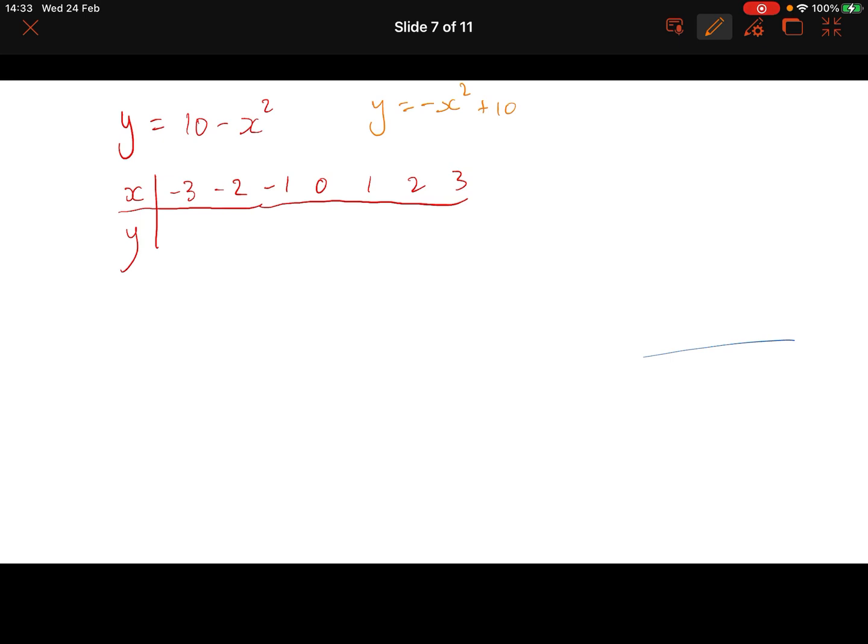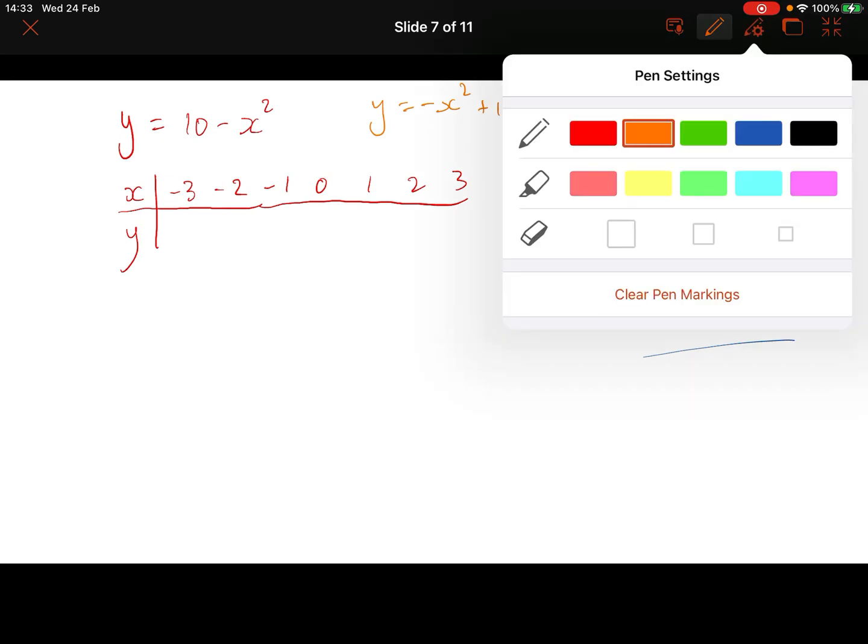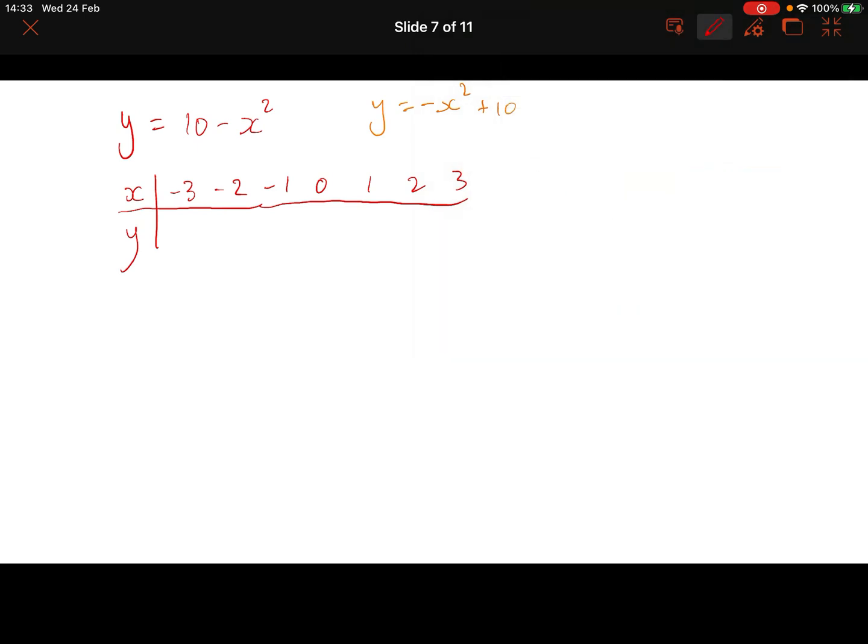So let's work out what the values of y need to be for certain x values. So y is equal to, start with the positive ones, 10 minus 3 squared. Use BIDMAS. That's equal to 1. Okay, y is equal to 10 minus 2 squared.